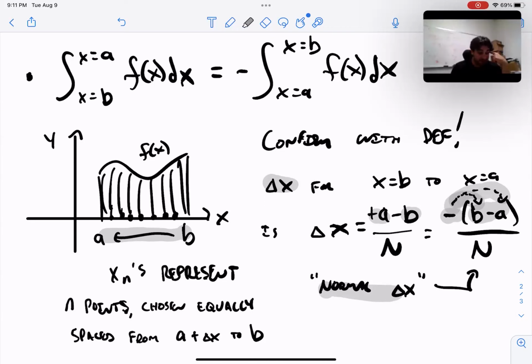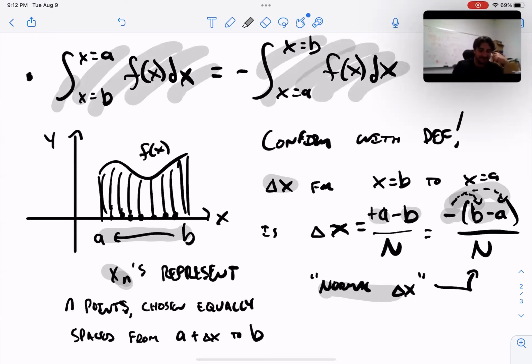Now there is one subtlety to think about: the x sub n's. Something slightly different happens with the x sub n's for this integral versus the x sub n's for this integral. Here, x sub 1 starts at b and then goes back by delta x, and here I mean the regular delta x, right?